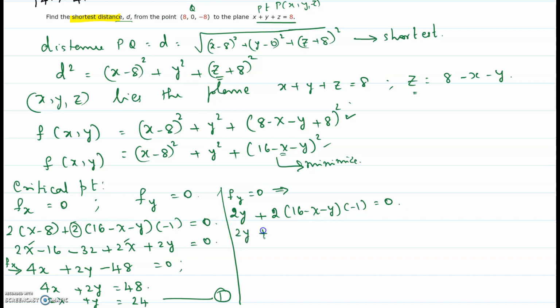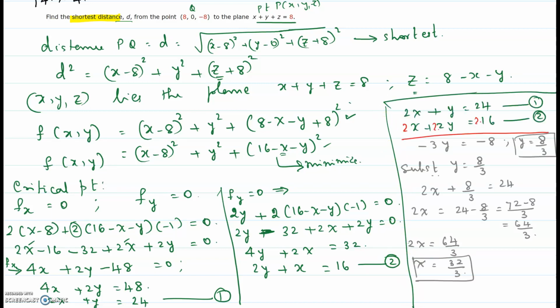We'll keep the function as is, 2y, then minus 2 times 16, that will be a minus 32, minus 2 times negative x, positive 2x, minus 2 times negative y, positive 2y, equal to 0. So you get 4y + 2x = 32, or 2y + x = 16. That is equation 2.